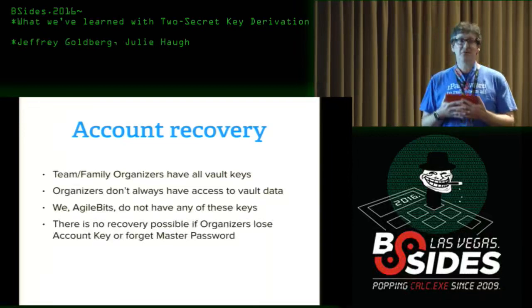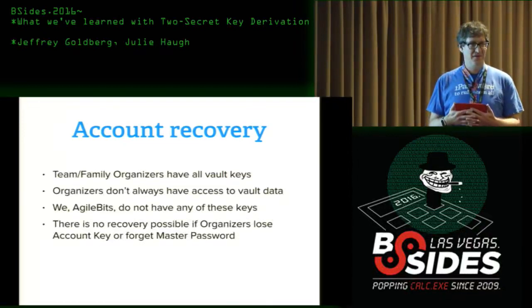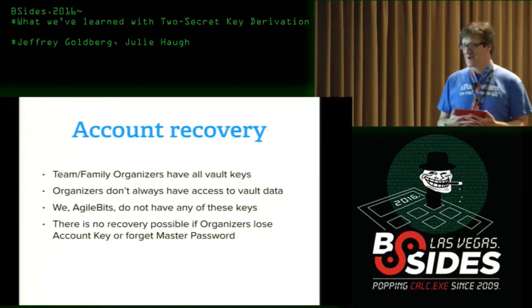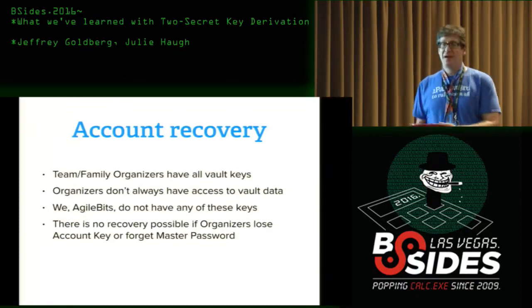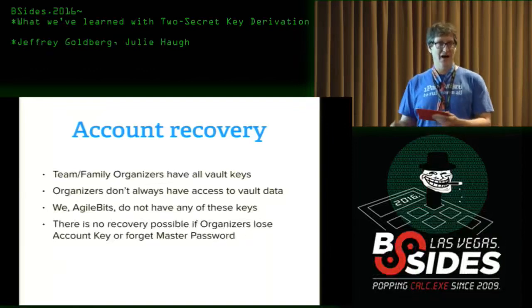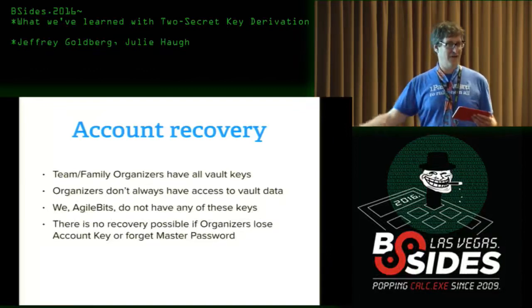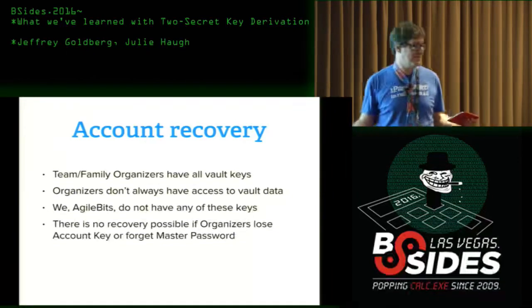OK, so now, we were really, really scared when we thought of this notion of account key. We just thought it's way too easy for people to get themselves locked out. But we, Agile Bits, do not want to have the power or responsibility of doing actual recovery for people who have lost their account keys or forgotten their master passwords.